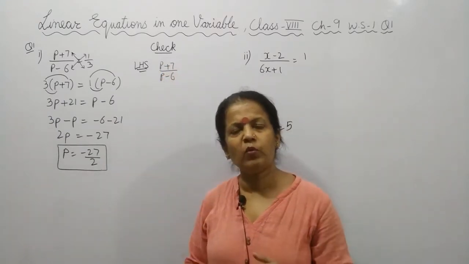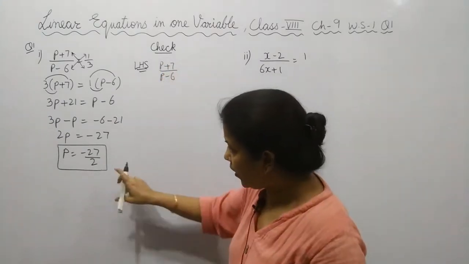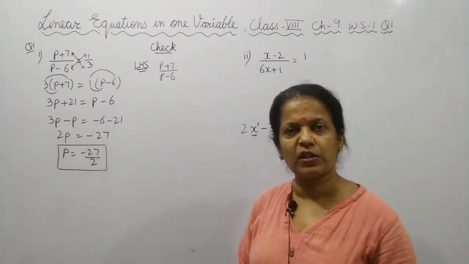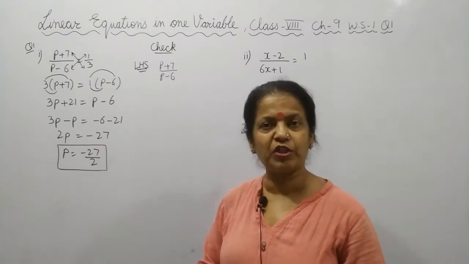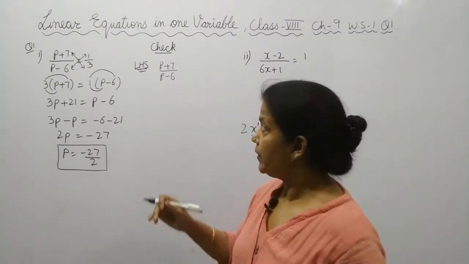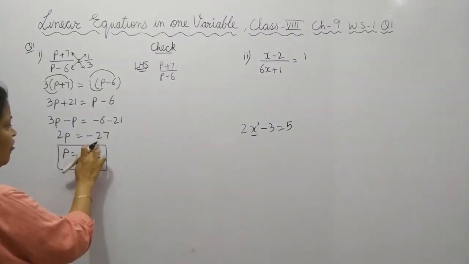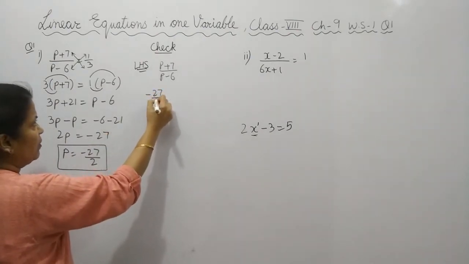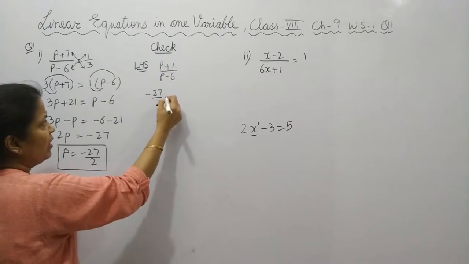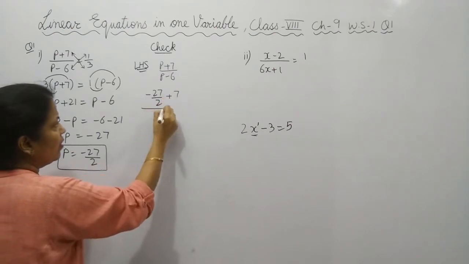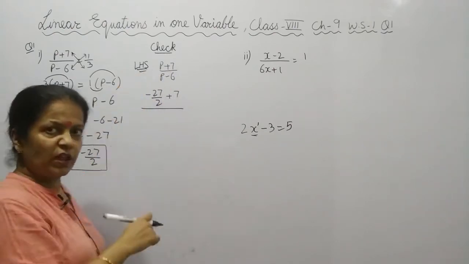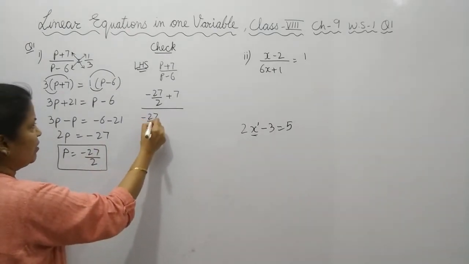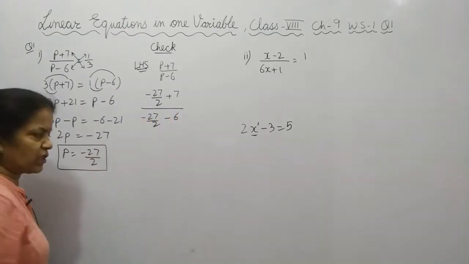Now can you tell me what should be the step now? You have got the p value here. So what should be the step to follow in LHS? Okay, let me tell you. Instead of p, you will substitute its value, that is minus 27 by 2 plus 7, whole upon, instead of this p, minus 27 by 2 minus 6.